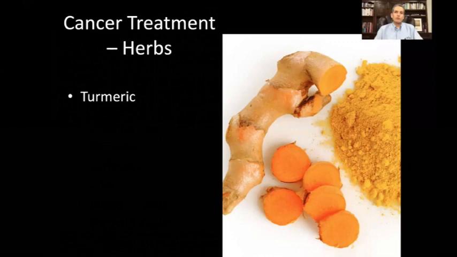Some studies show you can even put it topically, like if it's skin cancer or a superficial cancer, then putting it topically on that area can be helpful or beneficial. All right, and then we will get to your questions at the end here.